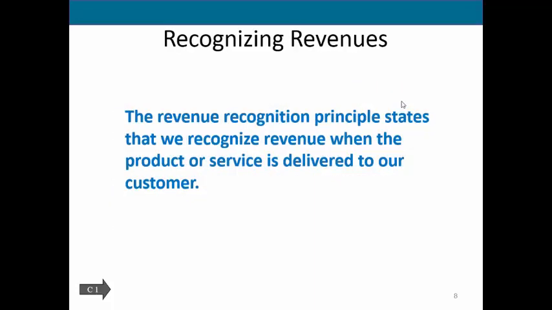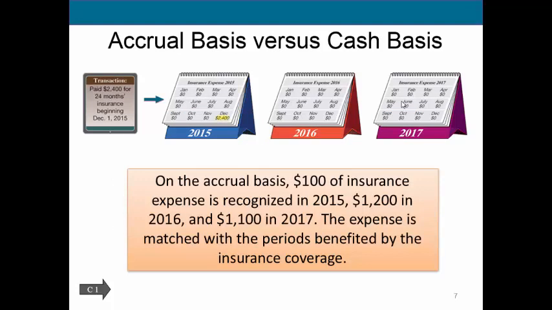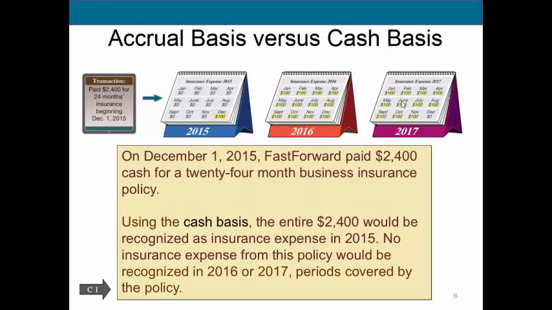So let's go back a couple slides and just make sure that all of this makes sense. When we're talking about when we are going to recognize expenses, we want to recognize our expenses in the same period as the revenues that they helped us earn. So how does insurance help us earn revenue? Okay, it's not a direct link because we're talking about insurance.